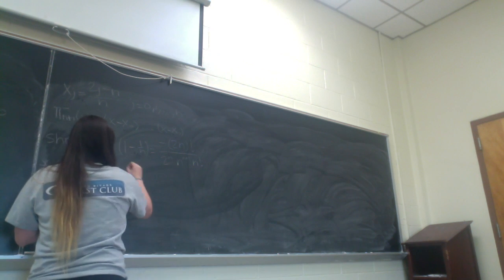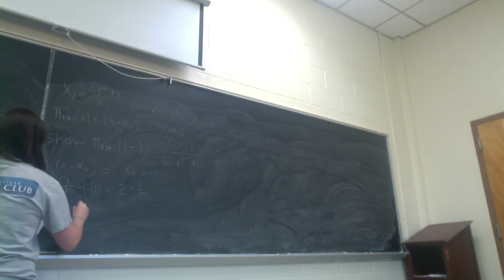So for just x minus x naught, I have x naught equals -1. Then you would have 1 minus 1 over n plus 1, minus the -1, which equals 2 minus 1 over n.